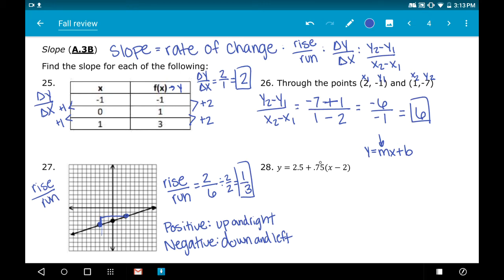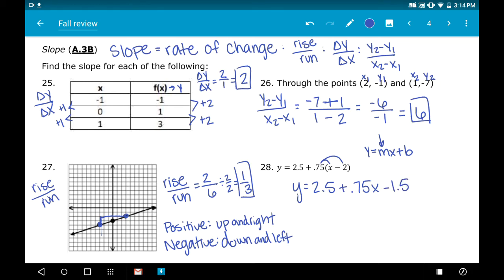So first thing we can do is just distribute here. So I could have y equals 2.5 plus 0.75 times x is 0.75x. 0.75 times -2. So this is one that you can just use your calculator on. So 0.75 times -2 is just -1.5.